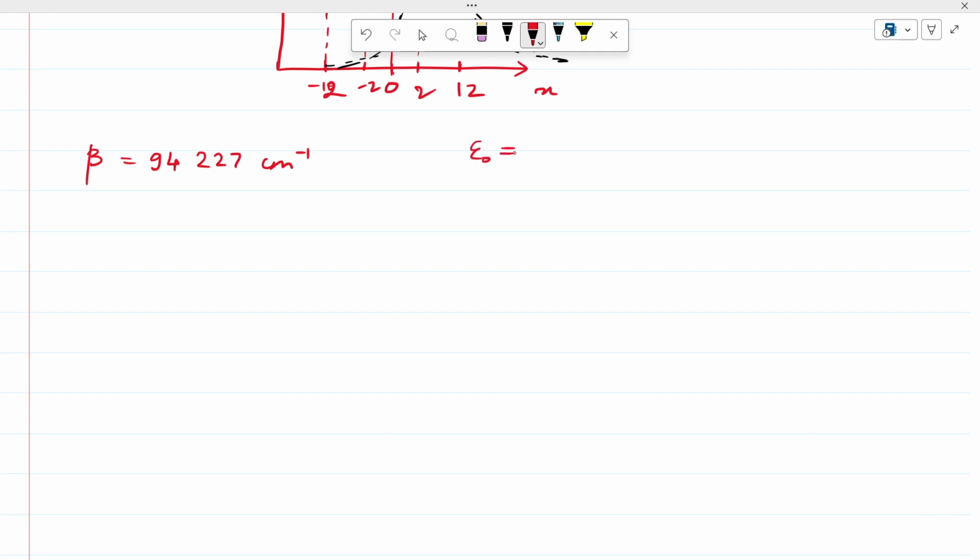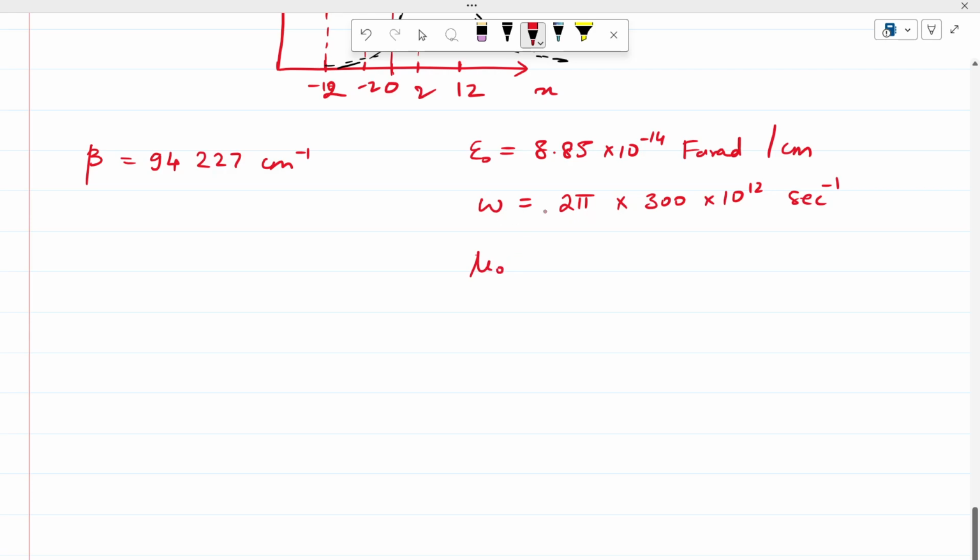All other coefficients have the regular values: epsilon naught is 8.85 into 10 power minus 14 farad per centimeter. Omega is 2 pi into 300 into 10 power 12 second inverse, which is the frequency they have given. Mu naught is 4 pi into 10 power minus 9 Henry per centimeter.